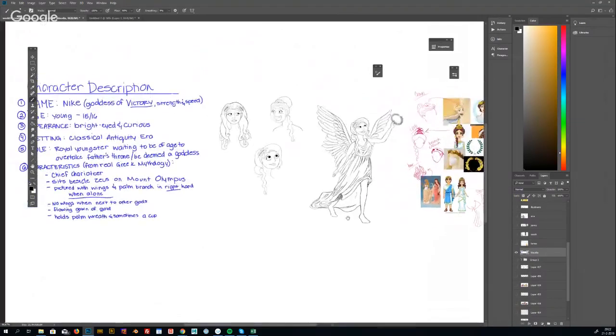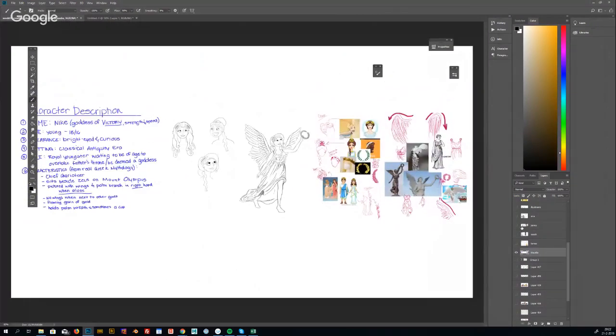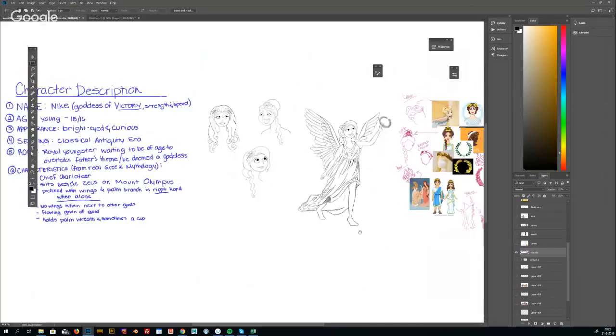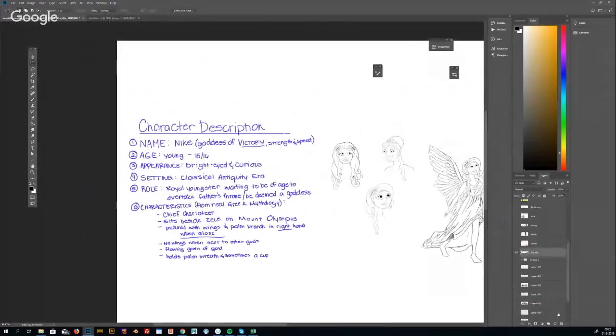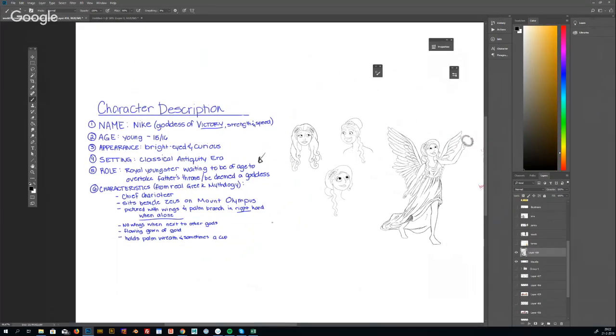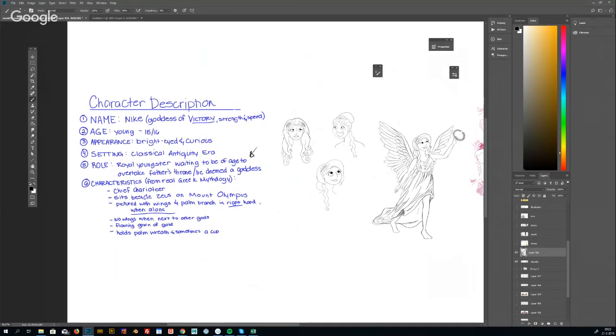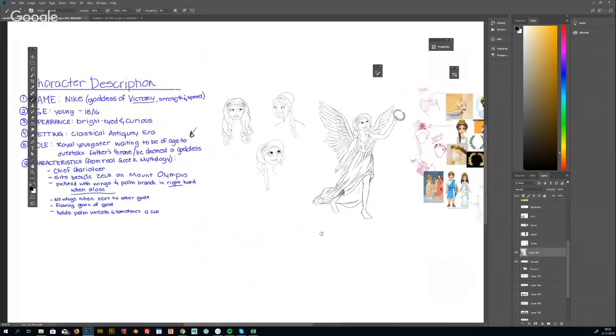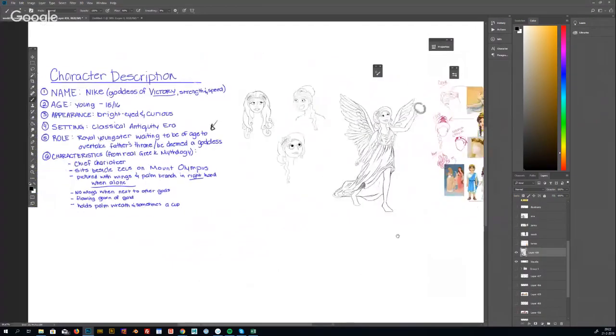So let's go to the next one, Claudia, and so there's a lot of story, so that's great. Appearance, bright-eyed, classical, and I think all these details can really help you with your character. So let's see.